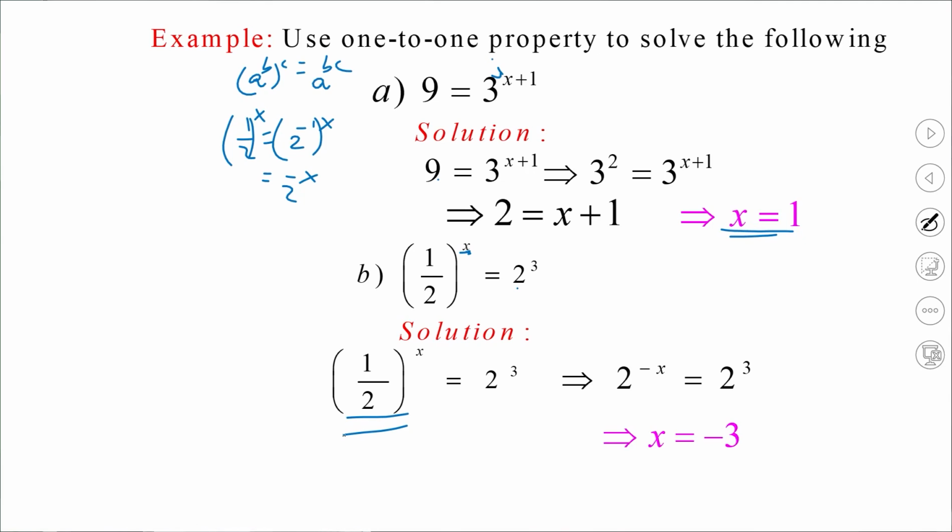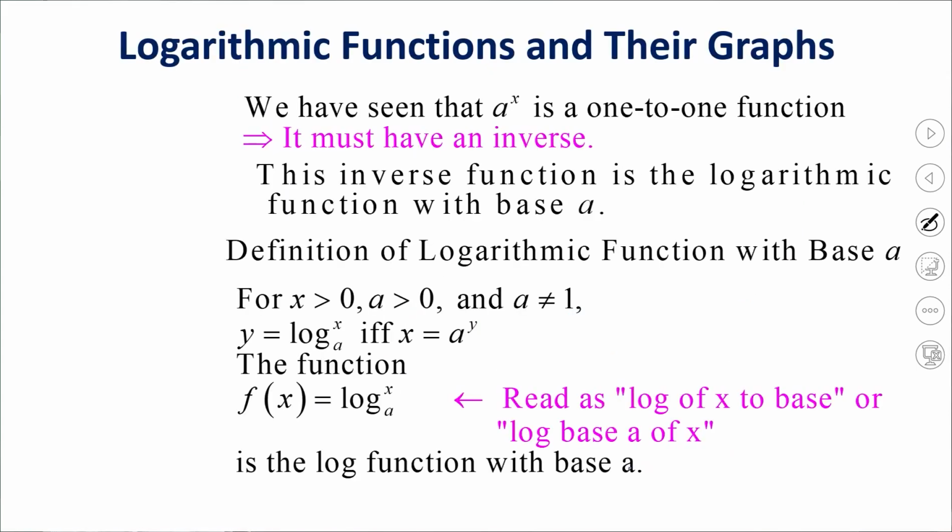They now have the same base, that is 2, so their exponents must be equal: minus x must be equal to 3. So x is equal to minus 3. That is the way we solve this kind of problem.